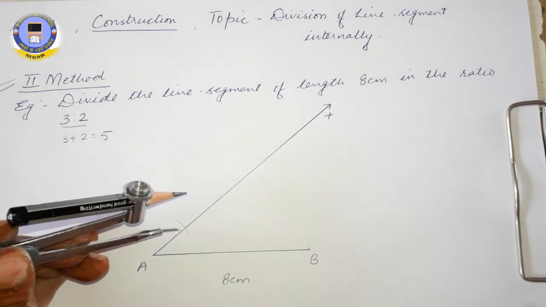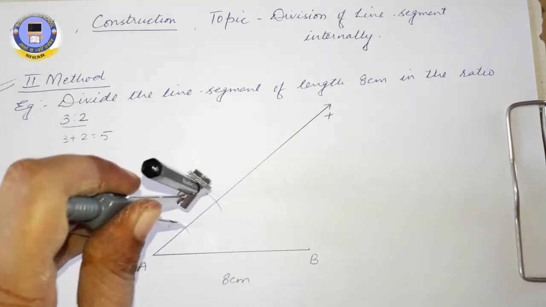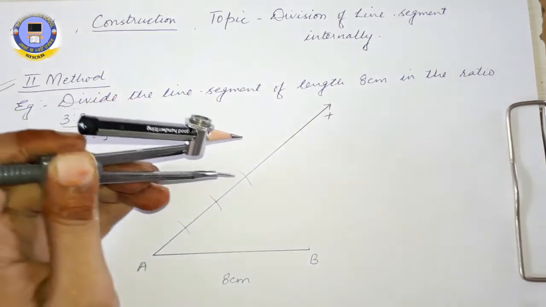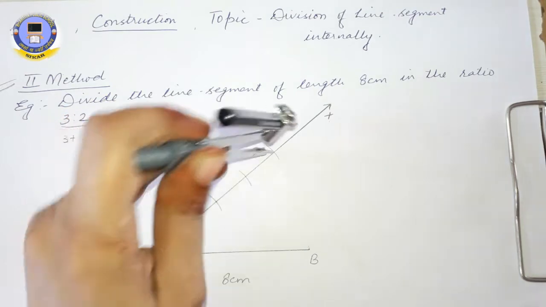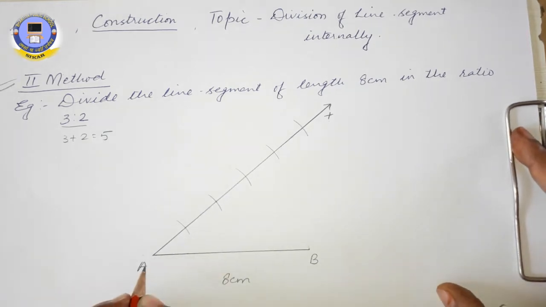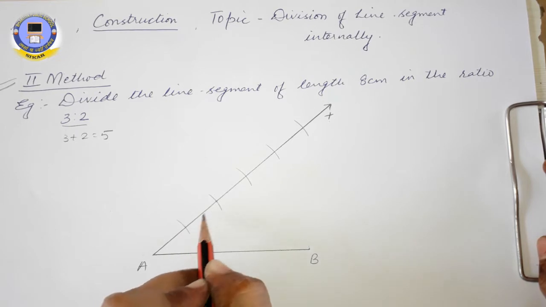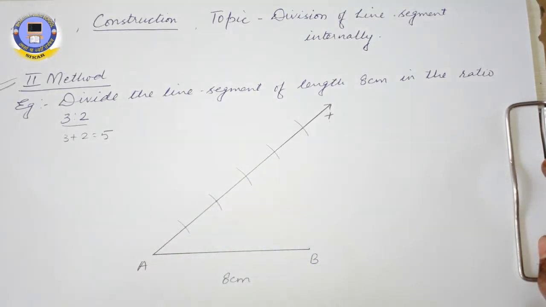First arc, then keeping it as center we cut the second arc, then taking this point as center the third arc, then the fourth arc and fifth arc. In this way we have cut 5 equally spaced arcs. The distance between these arcs must be the same.